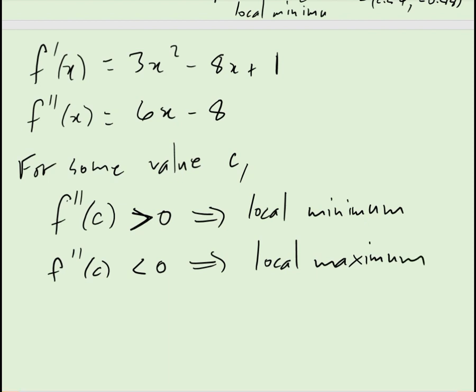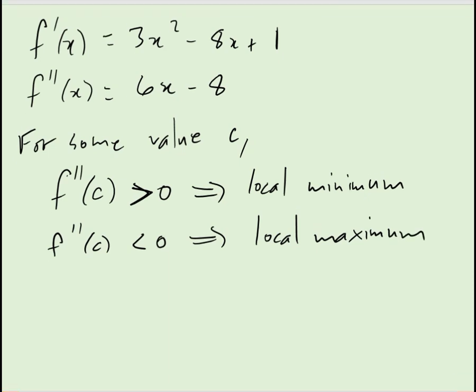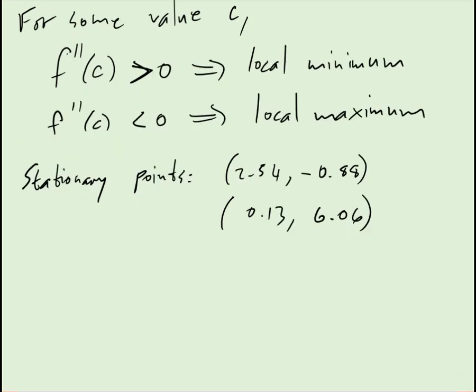Now we could see the minimum and maximum just by looking at that graph. So these are our stationary points, and let's see what we get if we take the second derivative at the various x points. So 2.54: 6x, so this will be 6 times 2.54 minus 8.